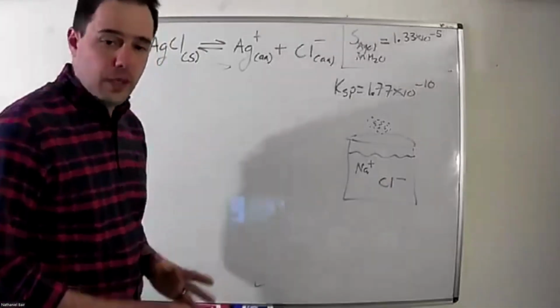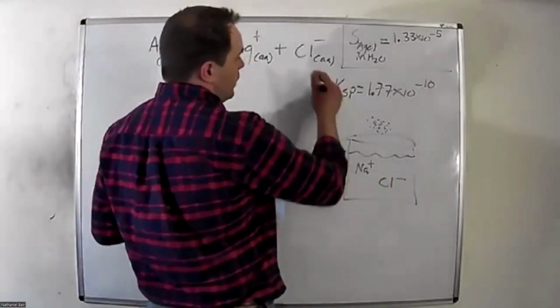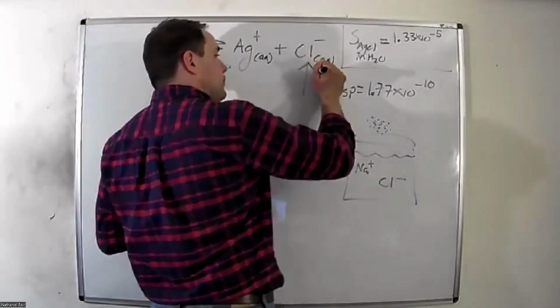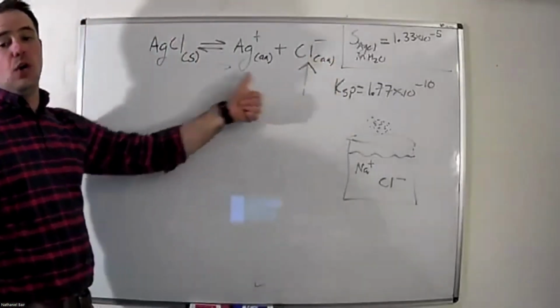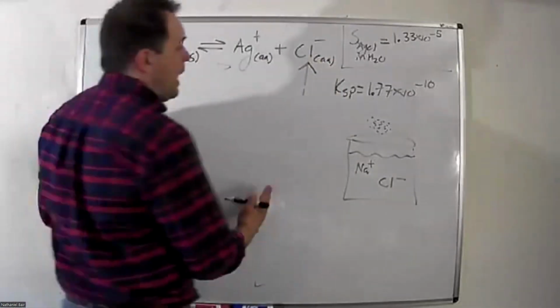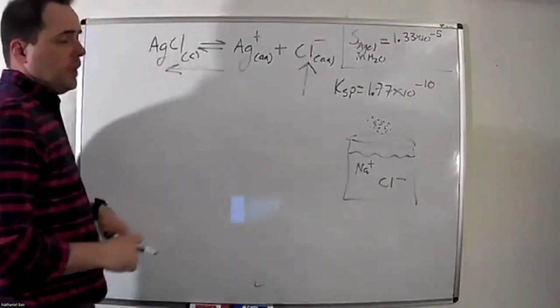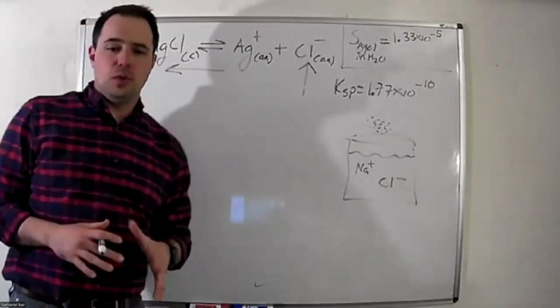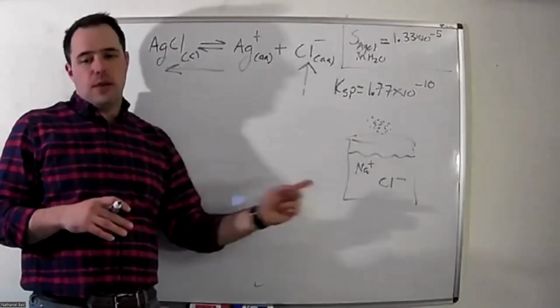So what are we doing here? Well, if we look at this through a Le Chatelier lens, we've added chloride. And when you add something, according to Le Chatelier, the equilibrium position shifts away. So I'm adding chloride, the equilibrium shifts away. Do you think that this silver chloride is going to dissolve more or less with a common ion in there?